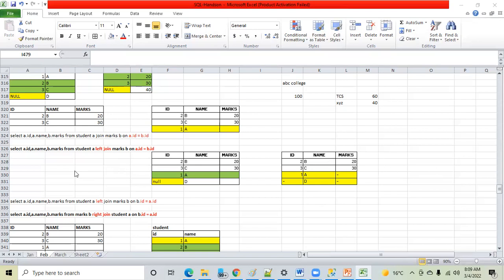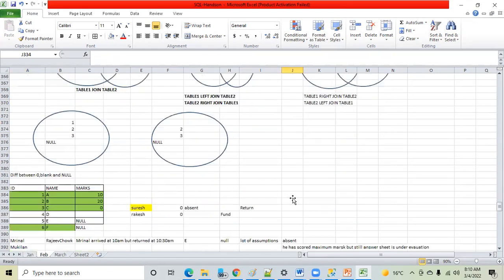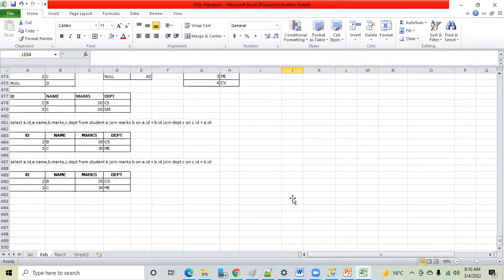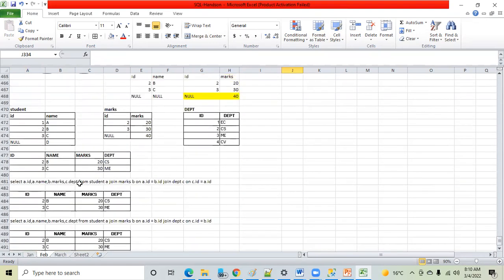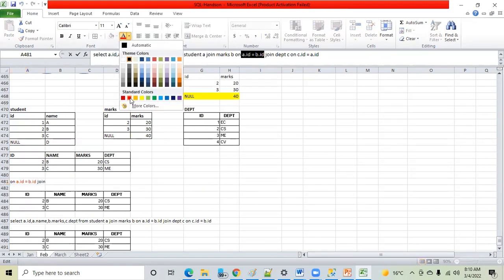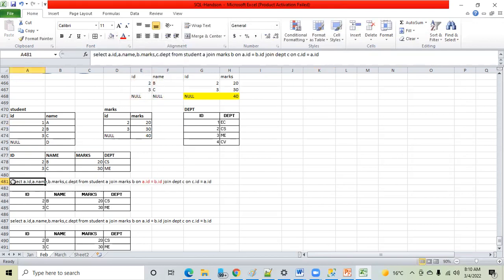So far we have seen that an inner join joins two tables and the condition was very straightforward. But here we have joined three tables. Now the question is that you have one joining condition first, and then this second joining condition.